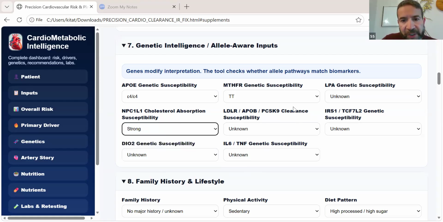All right. So these genetics here, just to talk about it a little bit, they back up the labs. All right. So it's not by themselves. We don't make decisions just by the genetics. We need the labs, and then we need the genetic, and then we can make decision based on the two.